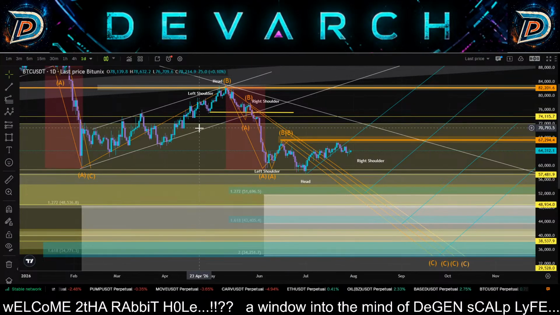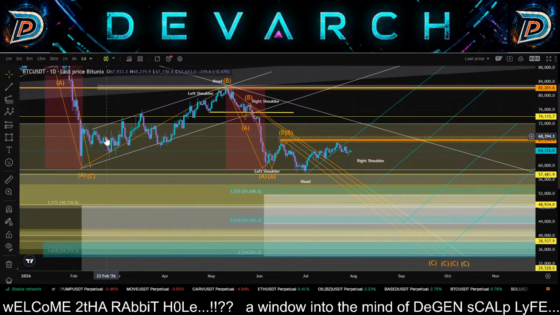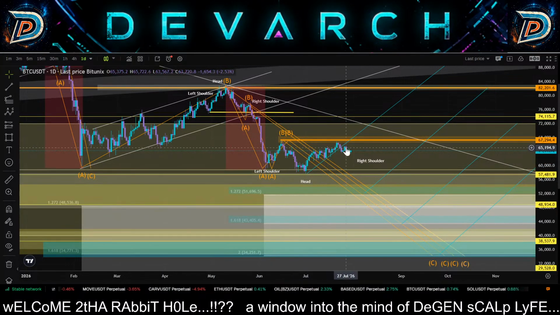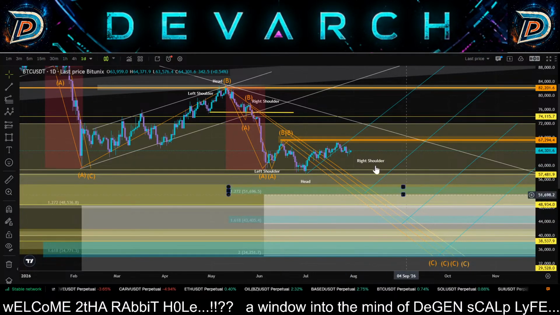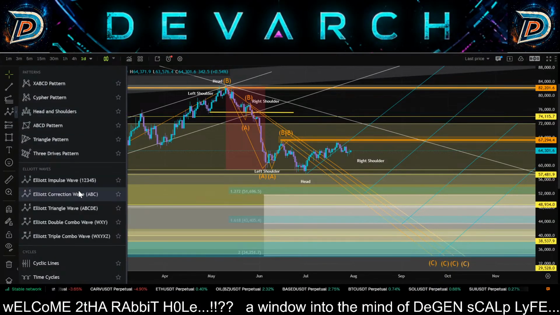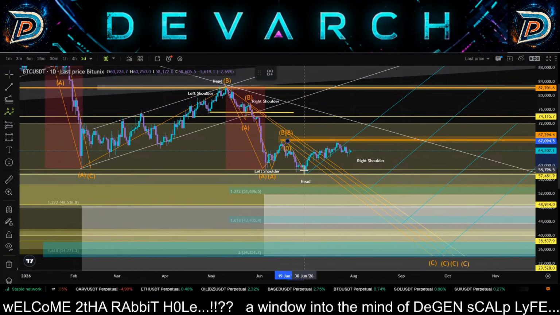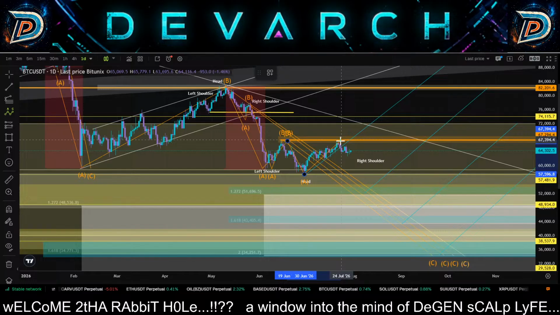Okay. Now we're ready to, and before I go down one, the current structure is corrective, right? Bear flag, breaking down, consolidation, possibly breaking down here for a C wave extension all the way down to this C here. And this would actually be, watch this, another possible.